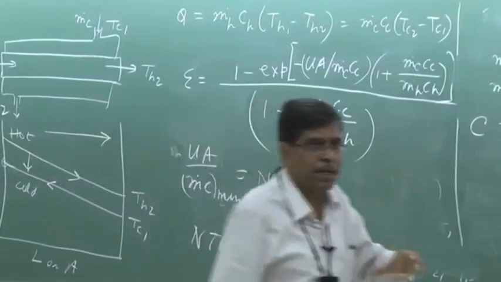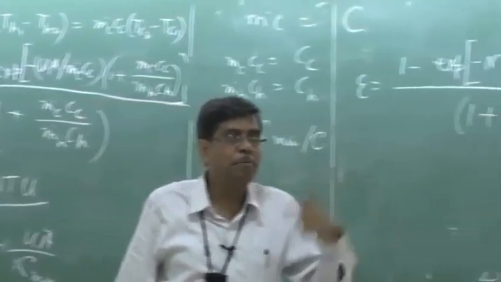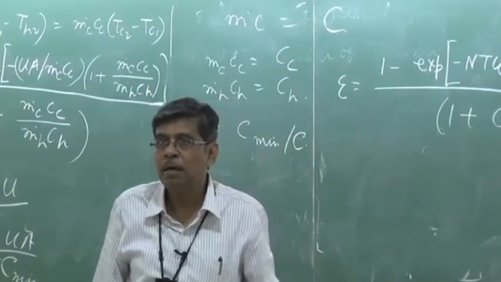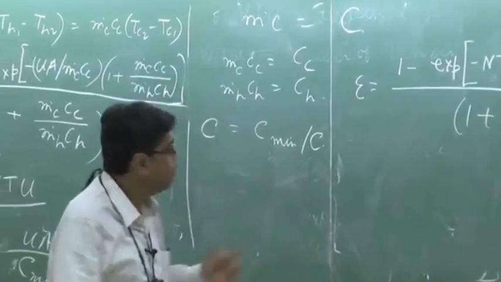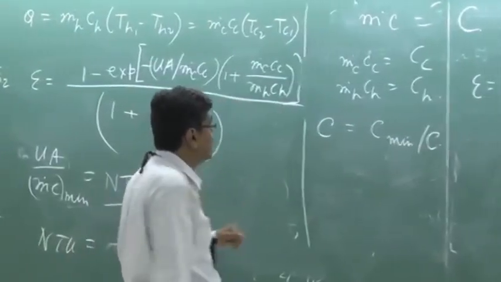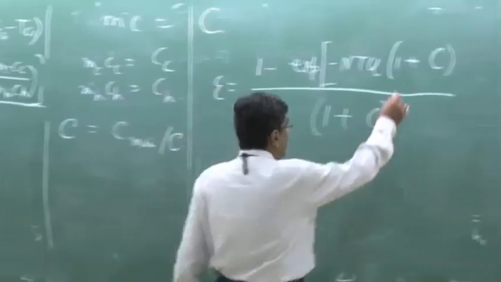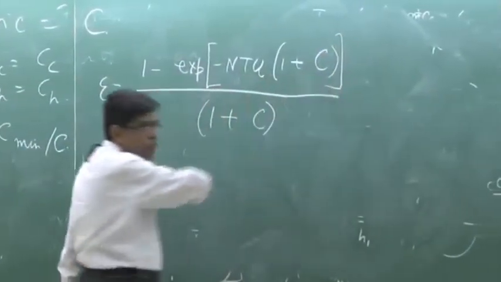What is the ratio? Minimum to the other one, that means C min by C. So this expression is for parallel flow.